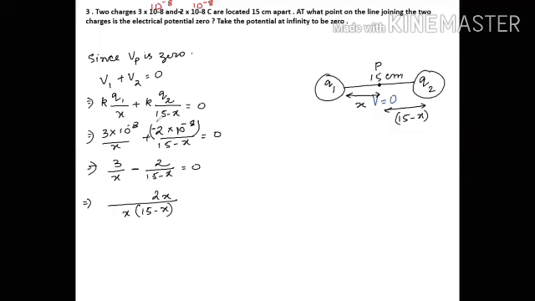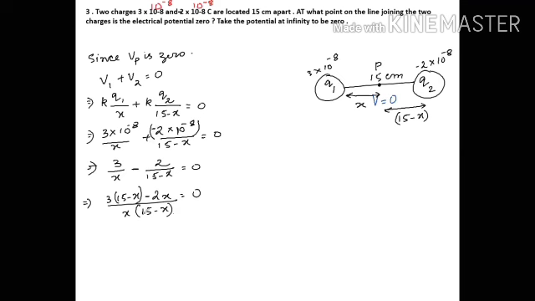Since this charge is negative, that means this one is positive, 3 into 10 to the power minus 8, and this one is minus 2 into 10 to the power minus 8. So that's why you're getting a minus sign there. Again you get 3 into 15 minus x minus 2x equal to 0.